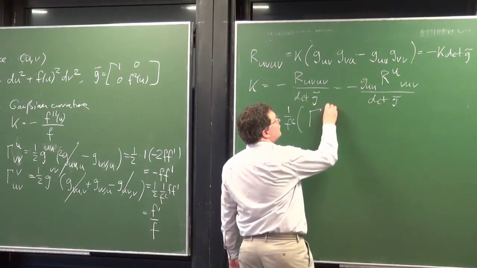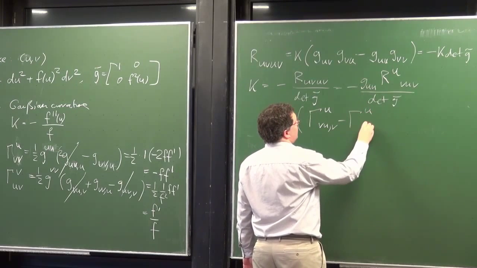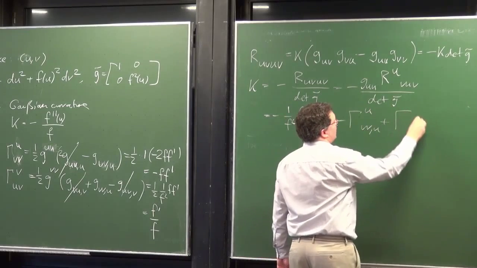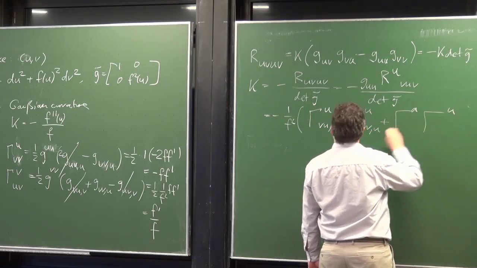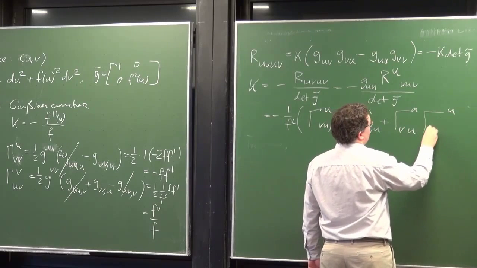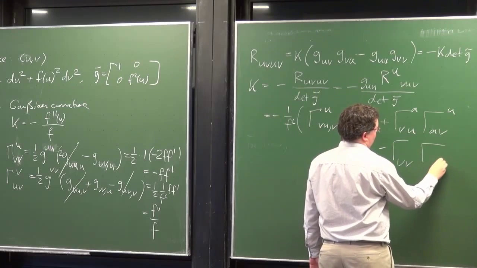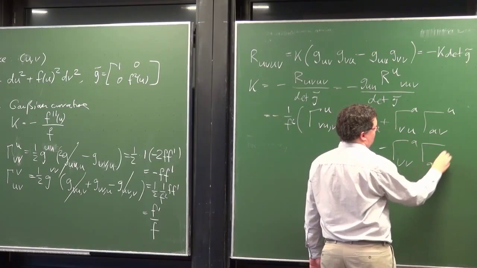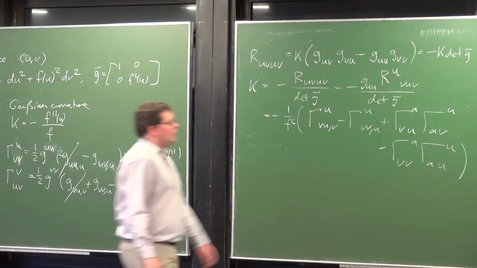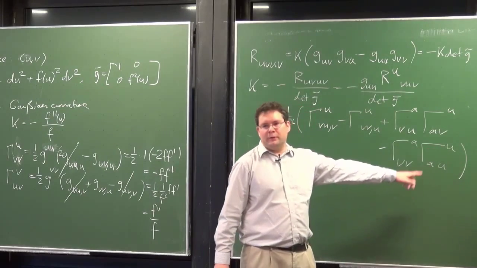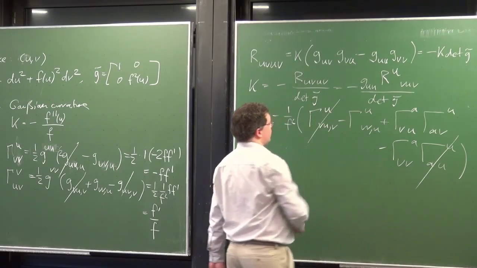So this is Gamma_UVUV minus Gamma_UVVU plus Gamma_UVUA Gamma_AVV minus Gamma_VVUA Gamma_AUU. Right? In all its glory. There are no connection components that have a U upstairs and a U downstairs. We know immediately this is 0. This will be 0 too.